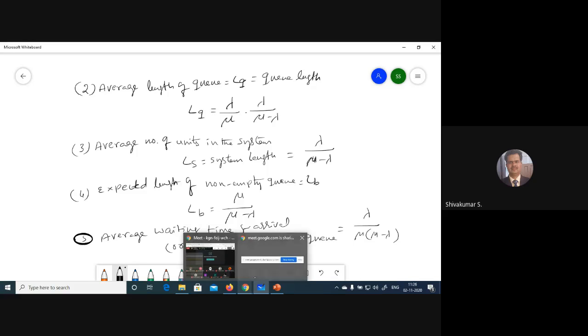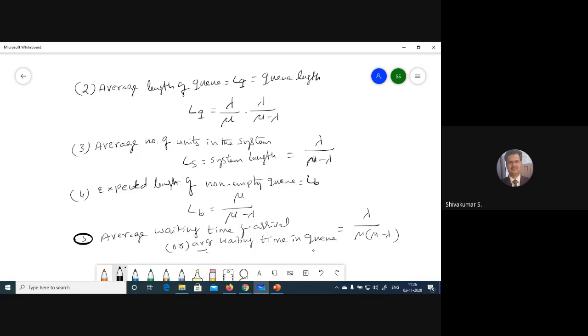These formulas you have to remember. There is no way to explain because we are not going into derivations. You may be asked to find the Q length. Remember, all the formulas are based only on two values: lambda, the arrival rate, and mu, the service rate. For example, the average length of Q, LQ, is lambda by mu into lambda by mu minus lambda.